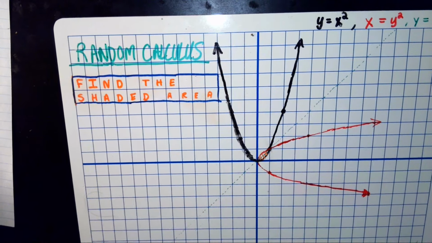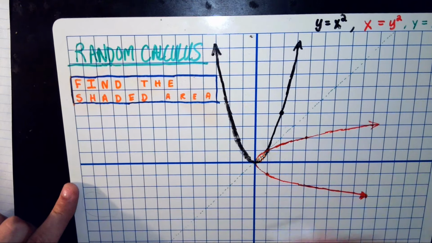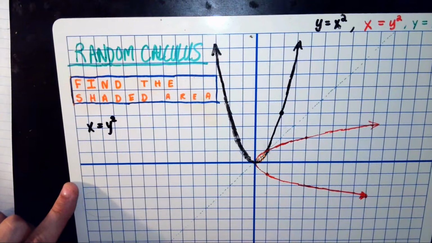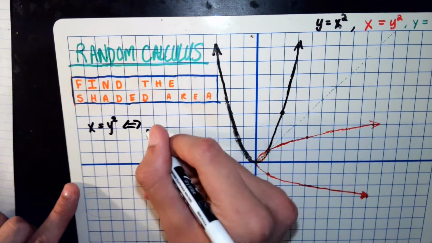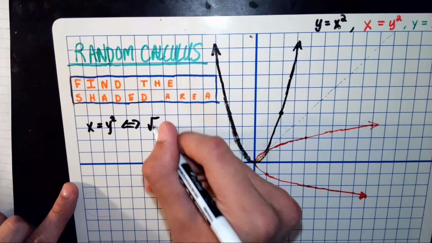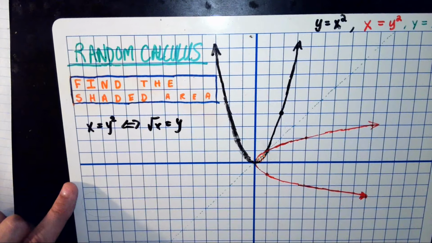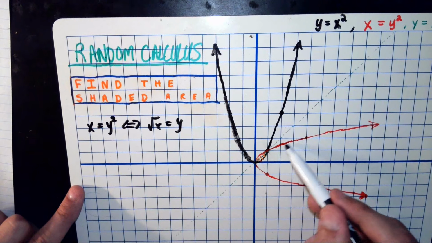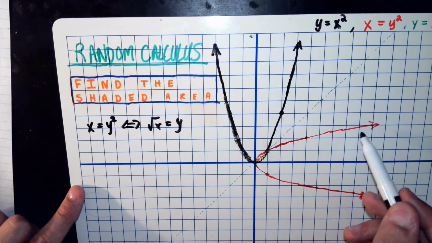Well, note that if we're doing this with respect to x, we need to take the curve x equals y squared and get it so that we have something of the form y equals. So this is the same thing as saying that y is the square root of x. So this red curve for this portion of it right here, that's just y equals the square root of x. So that's the upper curve.